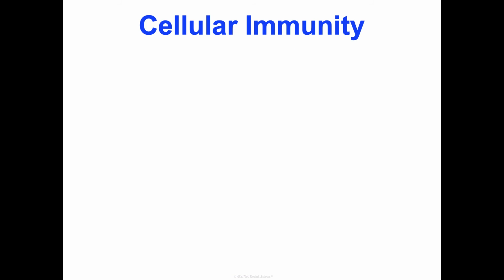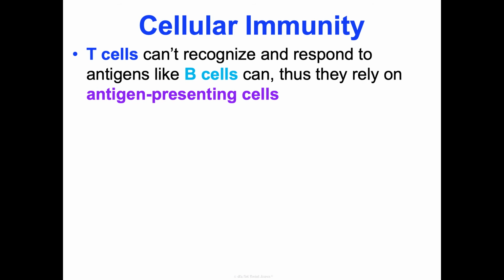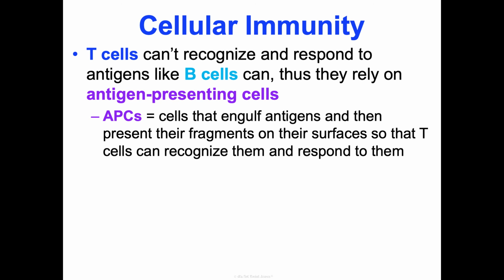So, something that's really important about T cells is they cannot recognize and respond to antigens like B cells do. So they have to rely on antigen presenting cells, or APCs. These are cells that engulf antigens, and then they break apart the antigen into fragments, and they present those fragments on the surface of their cells.